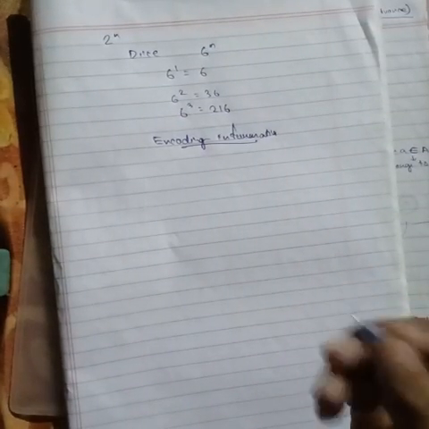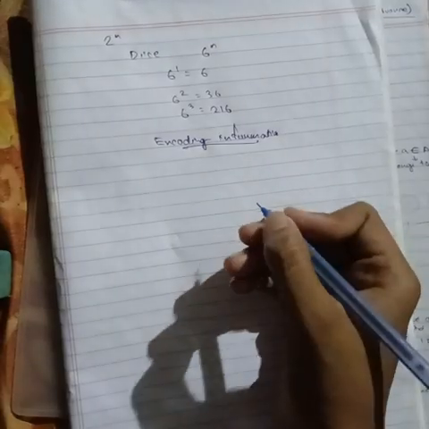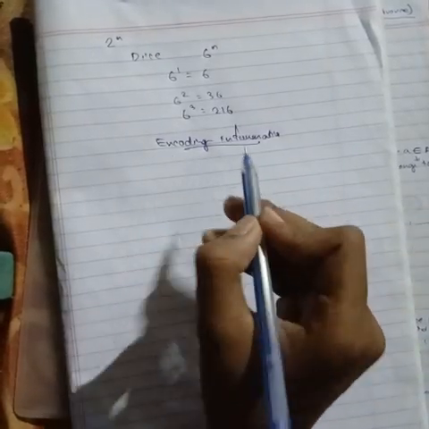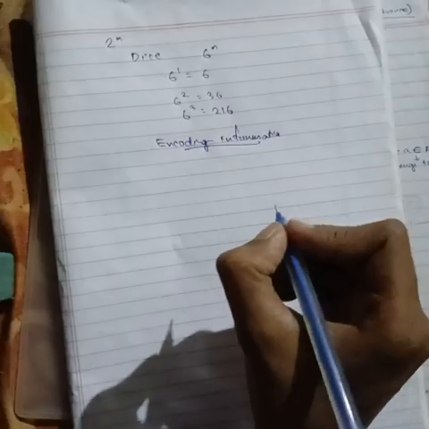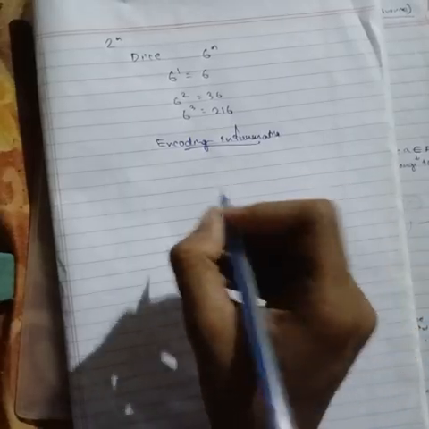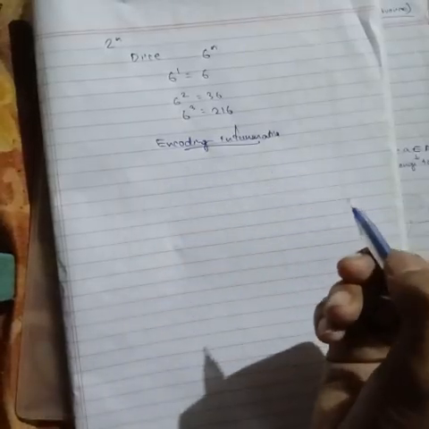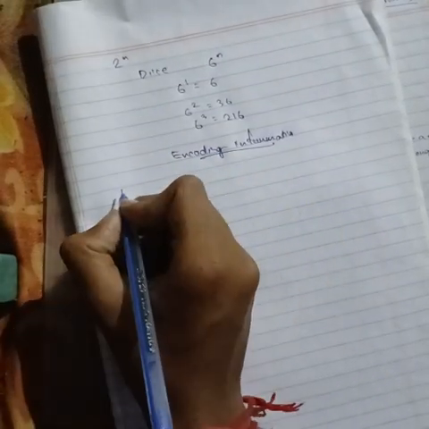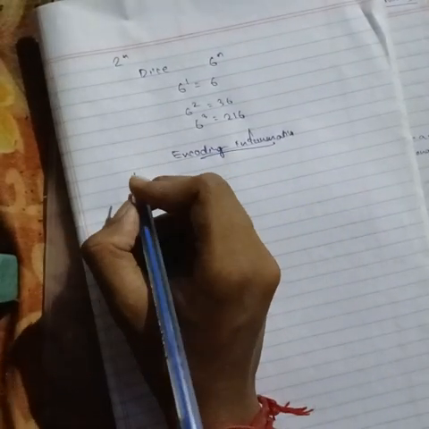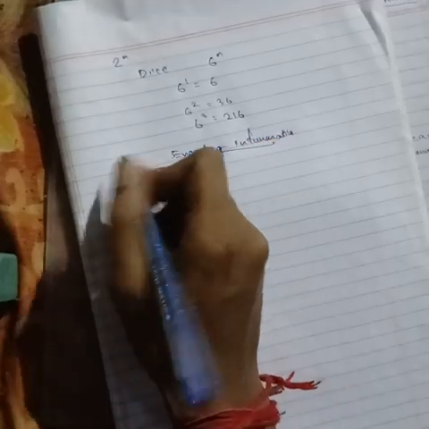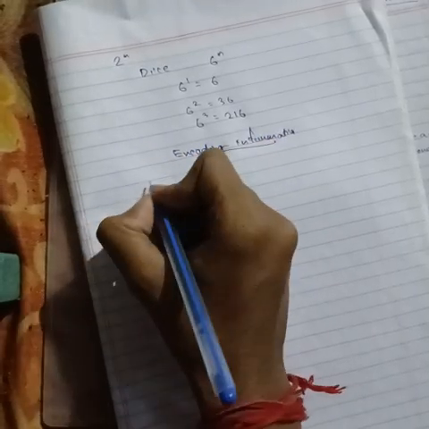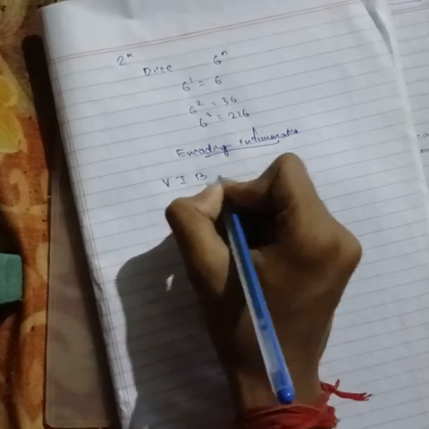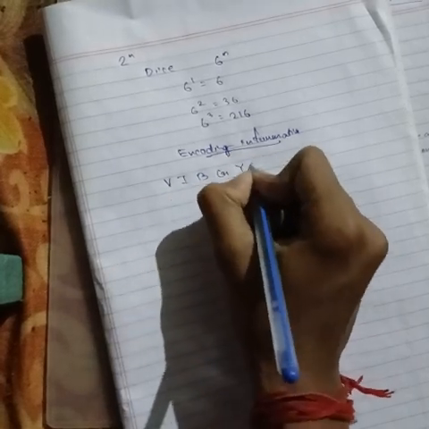Okay guys, what you learned about coins and dice is very easy, and encoding information is also easy, but it's a bit trickier than coins and dice. So let's start. Let us consider the colors of the rainbow. What are the colors of the rainbow? They are VIBGYOR.